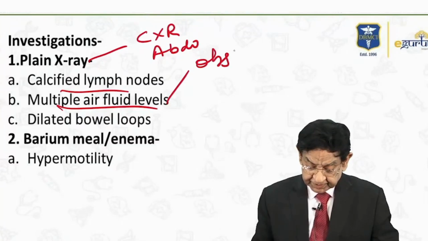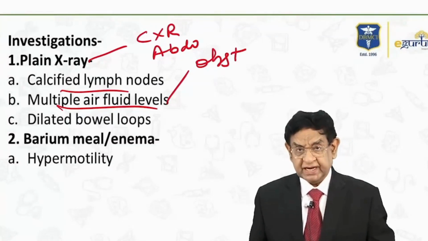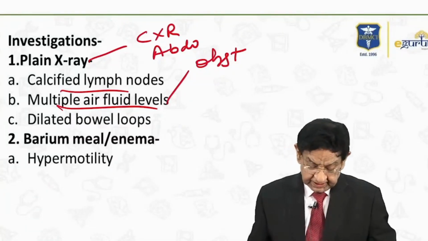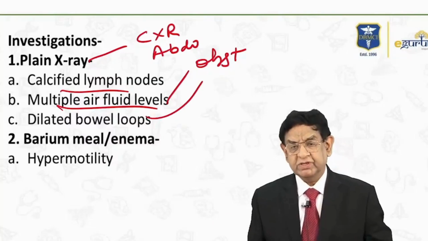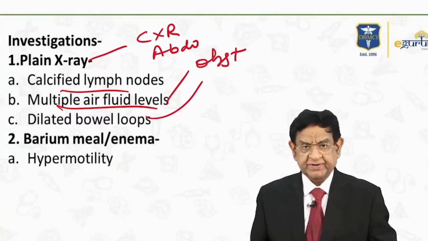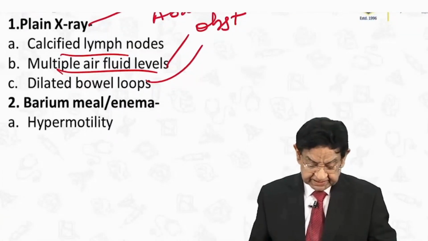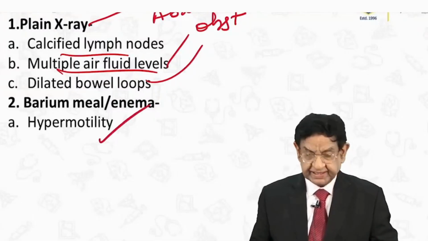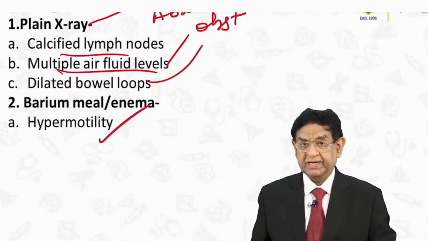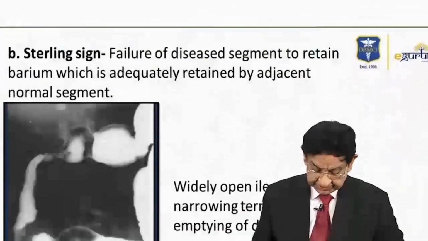But again, it's not going to give us a diagnosis of tuberculosis. Dilated loops again because of obstruction. They are just non-specific findings. But we go for barium meal study. They will indicate hypermotility.